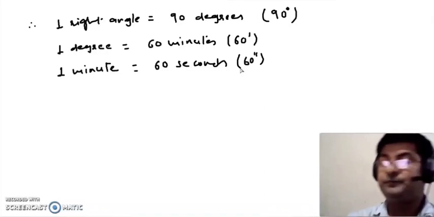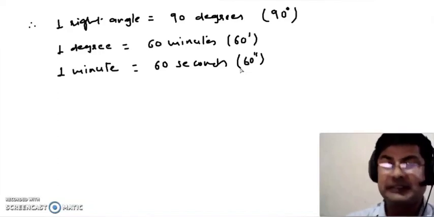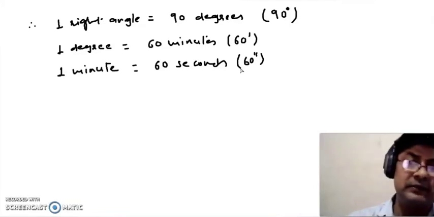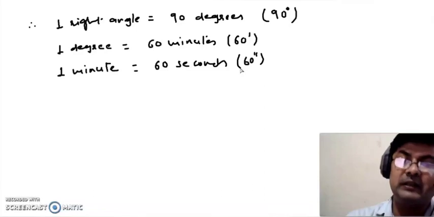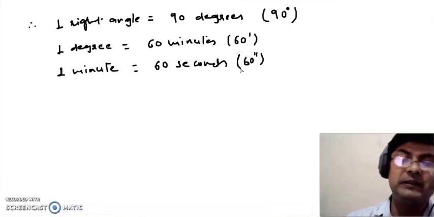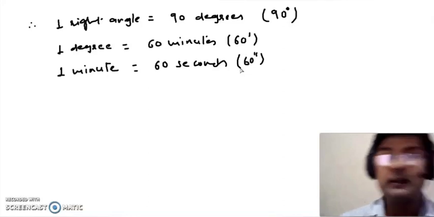Okay, now so we have seen the sexagesimal system. So on this basis you can divide 1 degree. Yes or no? So 1 degree is 1/90th part of a right angle.